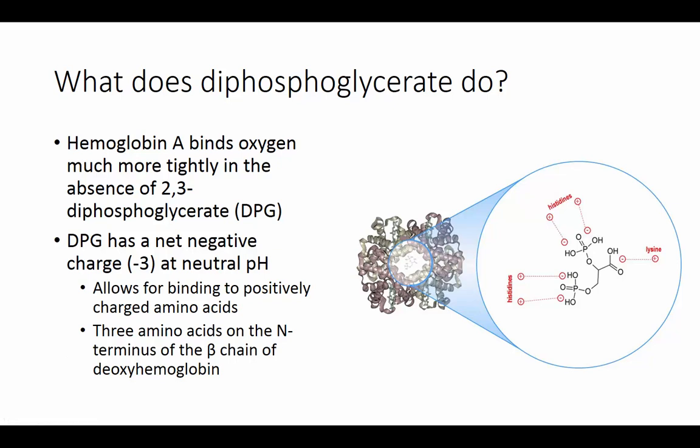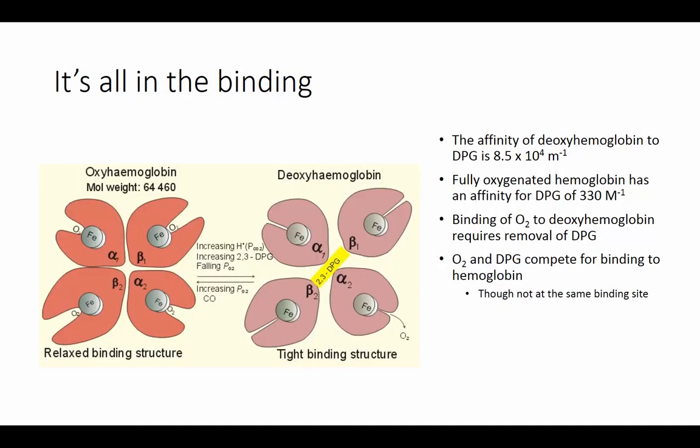So what does this binding mean to us? If we look at the affinity of deoxyhemoglobin for DPG, it's about 8.5 times 10 to the 4th per molar, not per meter, per molar. And fully oxygenated hemoglobin has an affinity for DPG that's much, much less, 330 per molar.